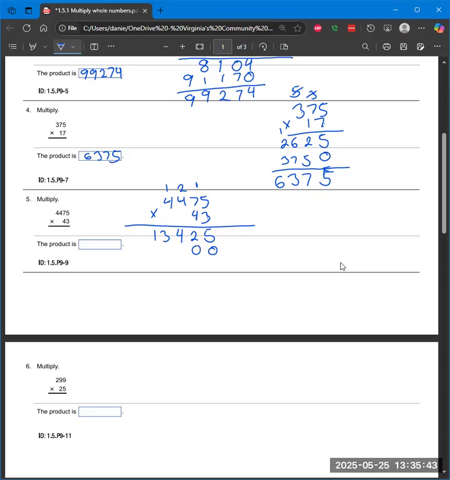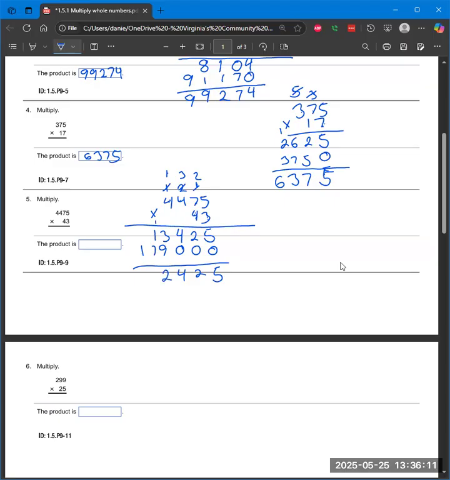4 times 5 is 20. 4 times 7 is 28, plus 2 is 30. 4 times 4 is 16, plus 3 is 19. 4 times 4 is 16, plus 1 is 17. 5 plus 0 is 5. 2 plus 0 is 2. 4 plus 0 is 4. 3 plus 9 is 12.